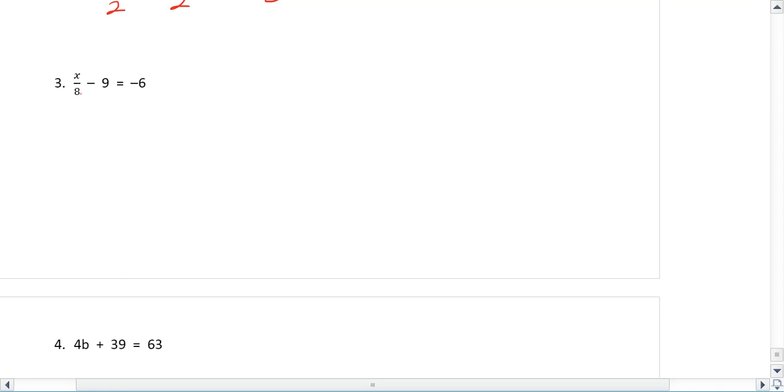All right, here we have the letter x. We're dividing by 8 and subtracting 9. So we start by adding 9 to both sides. And then I get x divided by 8 is 3.